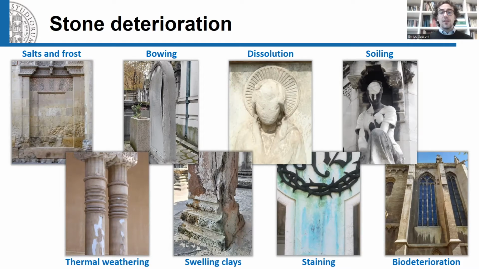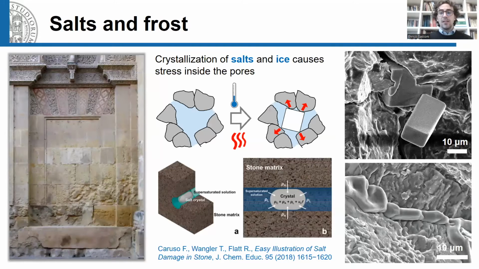Some of them are common to other building materials, such as cement and concrete, while others are characteristic of stones. So one of the most widespread deterioration processes is the crystallization of salts and ice inside the pores of the material, in a similar way as it happens also on cementitious materials and concrete.